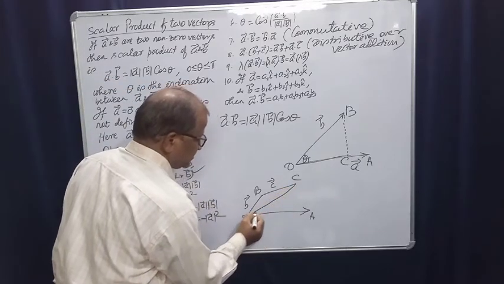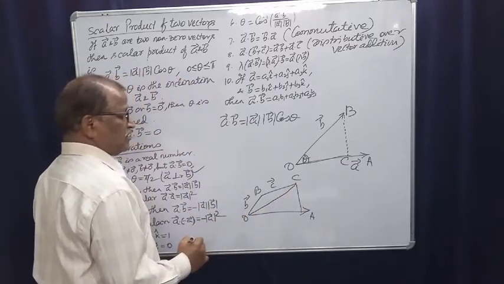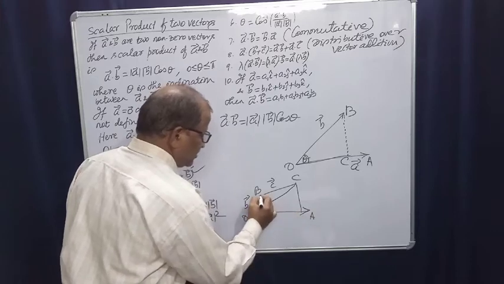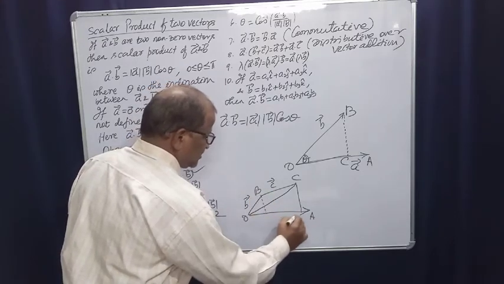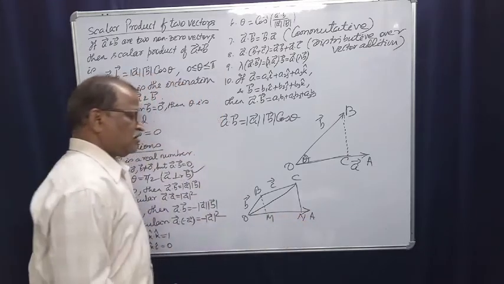B plus C is this. And magnitude of B plus C cos theta will be OA. Let us drop a perpendicular from here. Suppose it is M, and it is N.